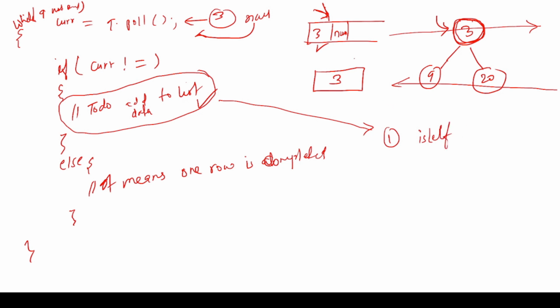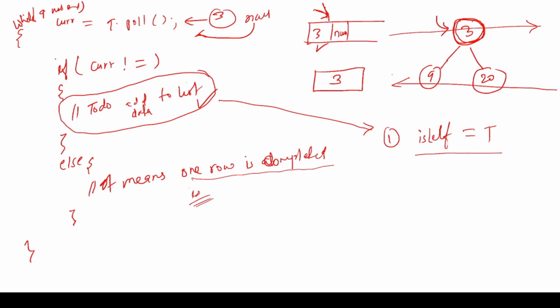Initially, once we add onto the queue, we will mark it as true. Once the if condition is completed, when one row is completed, then we will update isLeft as false here in the else condition.